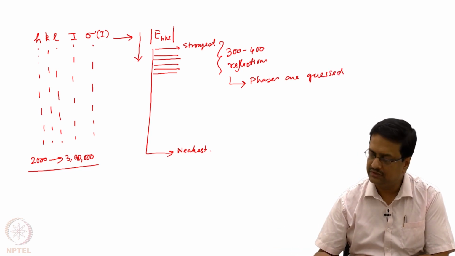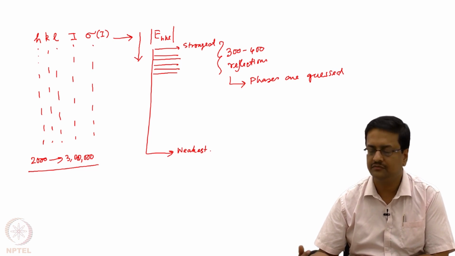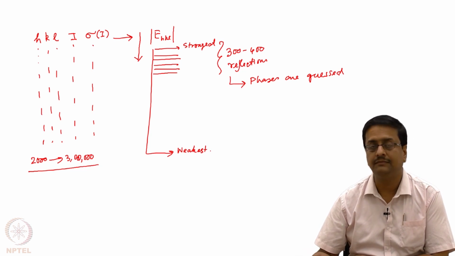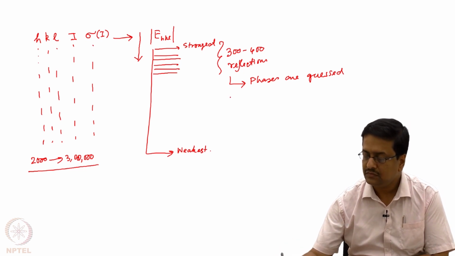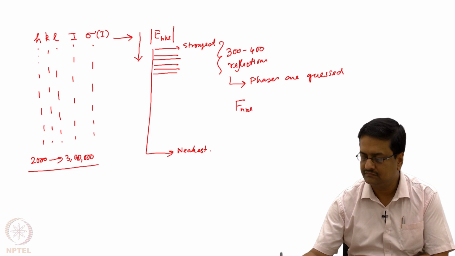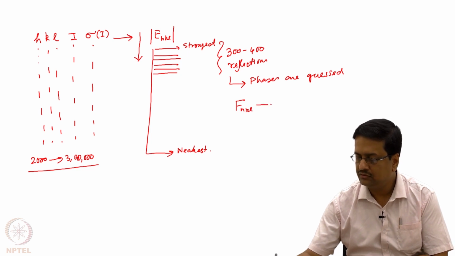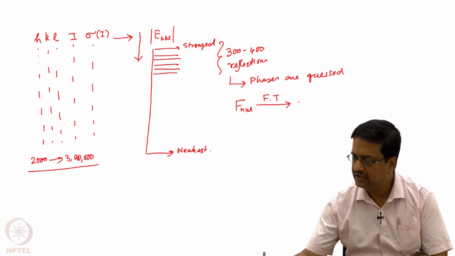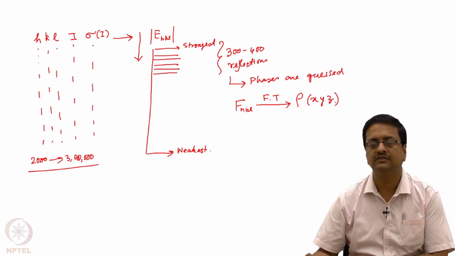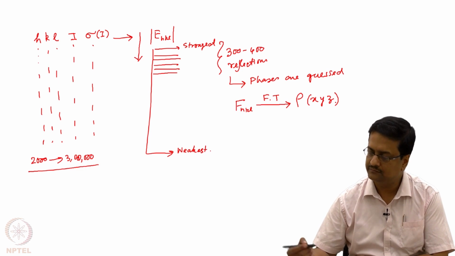Of course, by applying mathematical interpretation, applying logic, maybe doing the symbolic addition method, or by doing Patterson synthesis, we assign the phases, and then with those guessed phases for various FHKLs, we do the corresponding Fourier transformation to get the rho XYZ for all the possible atoms that are present in the unit cell.